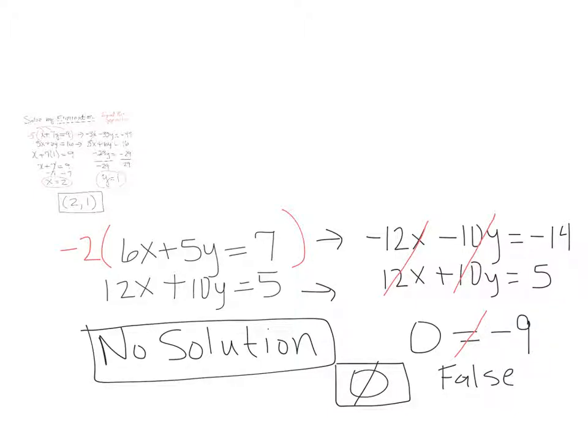There is also the possibility that you may end up with a true statement, where the variables cancel and you get 2 equals 2. That's a true statement. That's actually the case where you have infinitely many solutions. So just keep those things in mind as you're solving systems of equations.